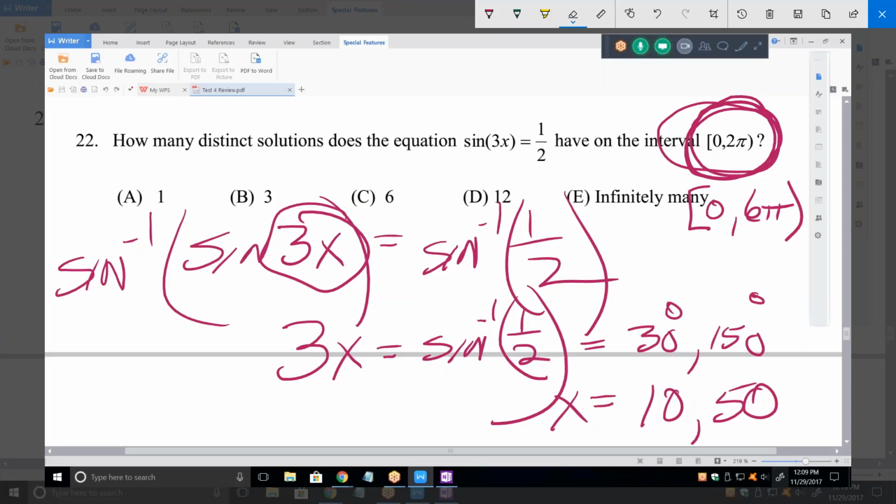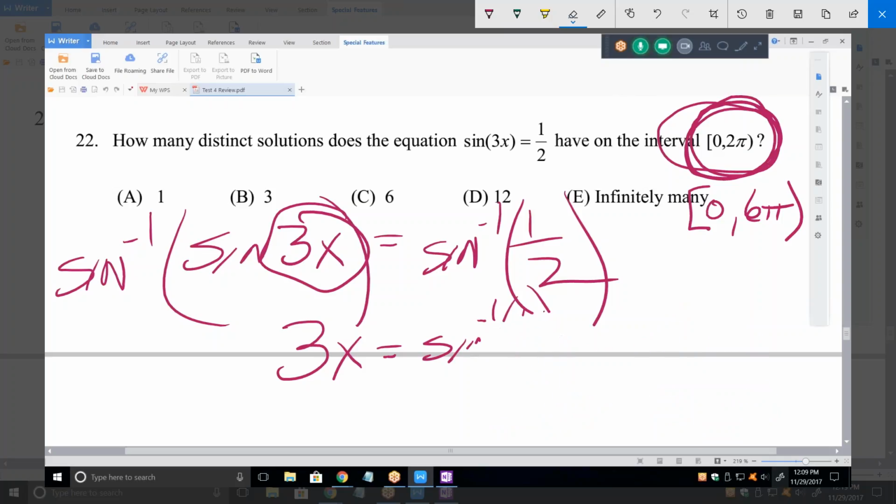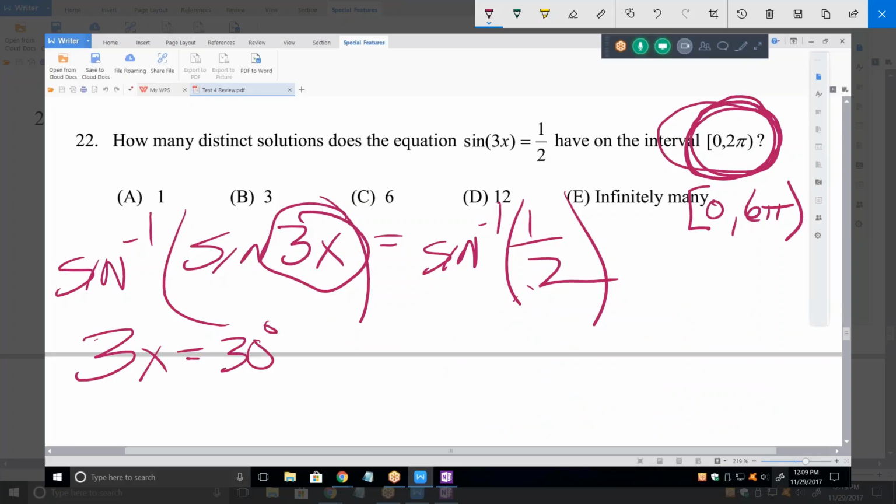Let's go back down to this. Let me rewrite this so I have some room to write. So over here I got 3x equals, so far, 30 degrees and 150 degrees. But that's only if I go out to 2 pi.